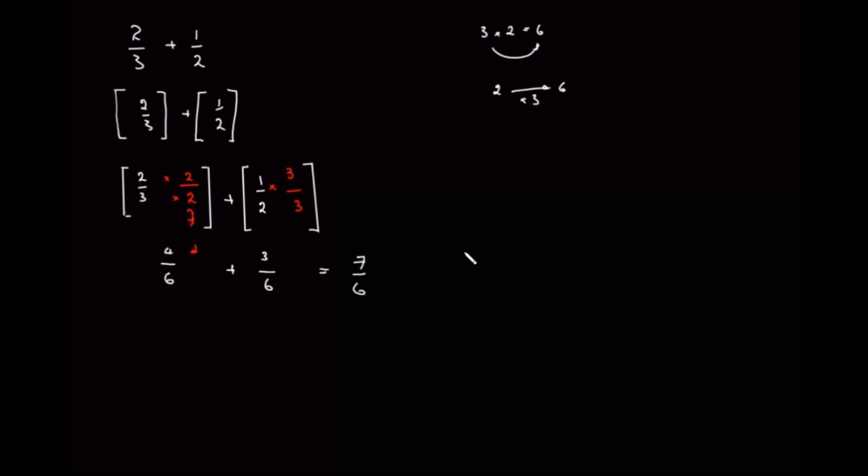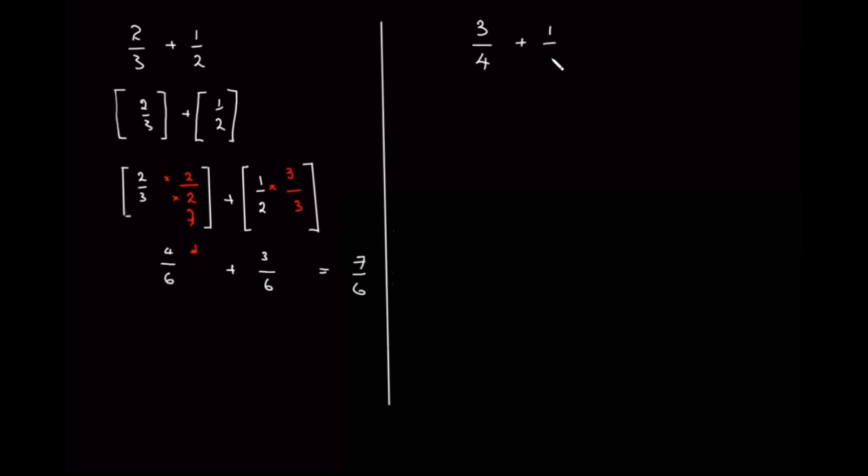I'm going to do another one. Let me get rid of this and put a line down here, and when the pen works, let's do another one. Suppose we have 3/4 and I want to add to that 1/8.